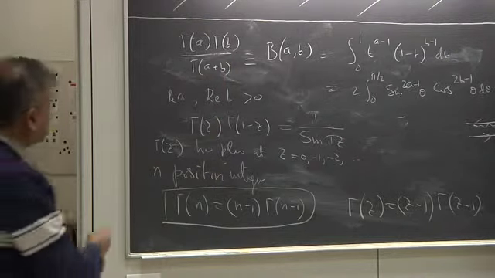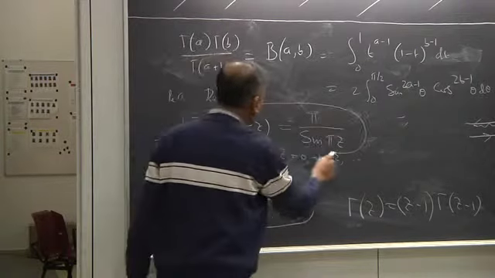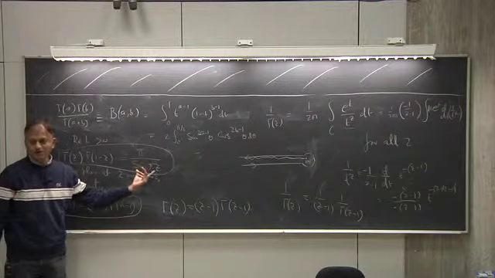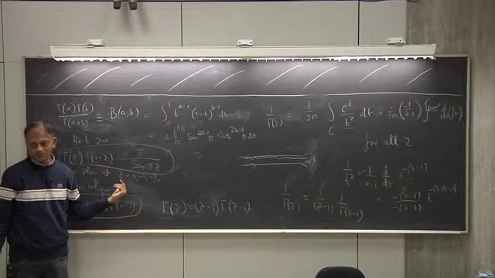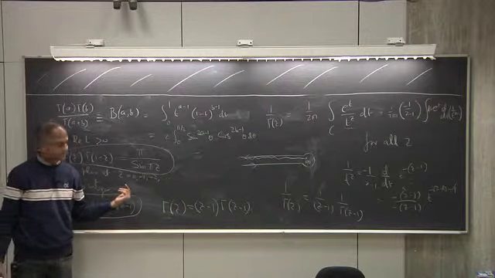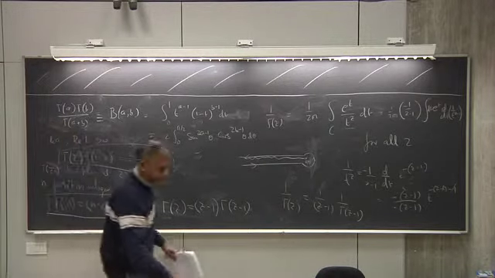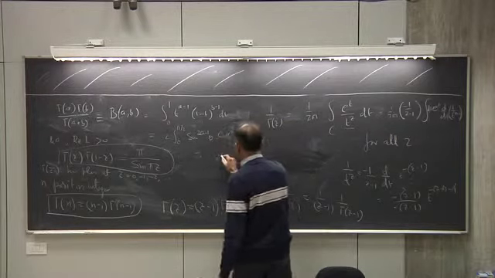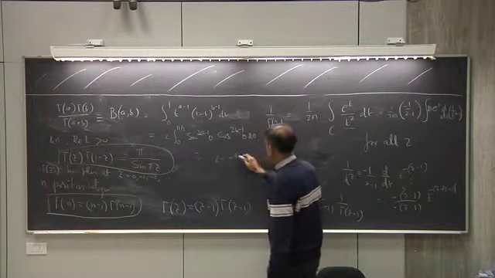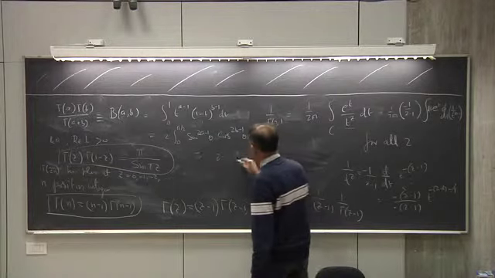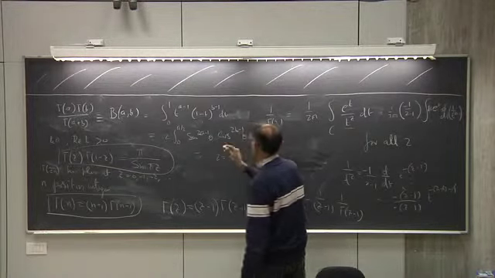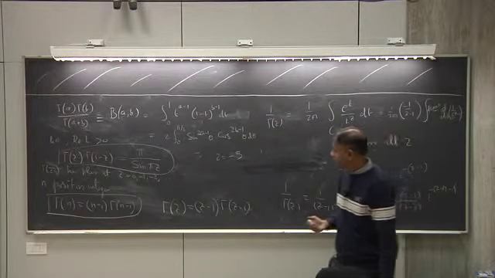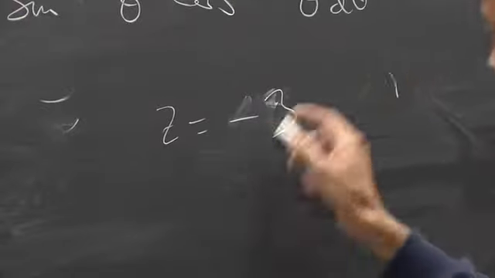So this formula is very useful because it not only tells you where the poles are, but you can also use it to compute the residue at all these poles. For example, suppose I want to look at the pole at z equal to minus 3 and compute the residue there.